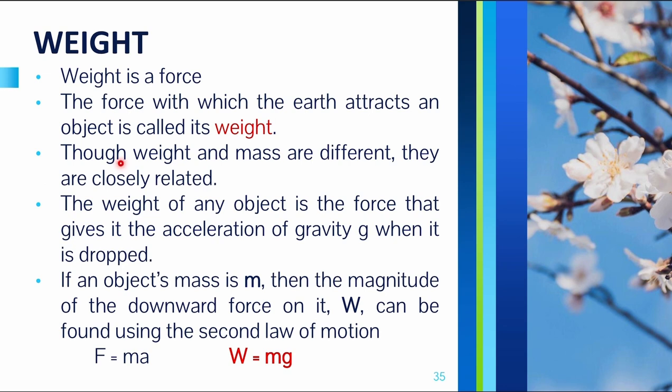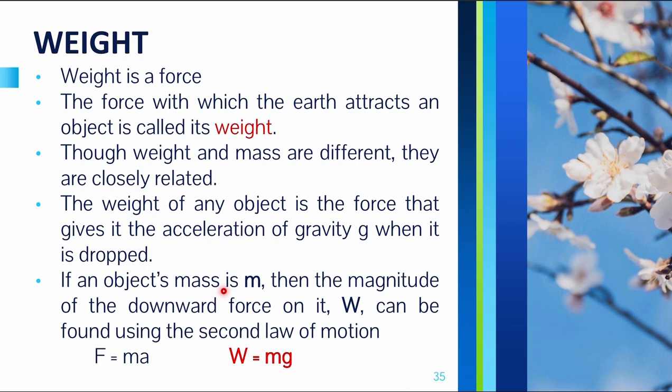Even if weight and mass are different, sometimes we confuse the two, but remember that weight and mass are different. They are closely related. The weight of any object is the force that gives it the acceleration of gravity g when it is dropped.